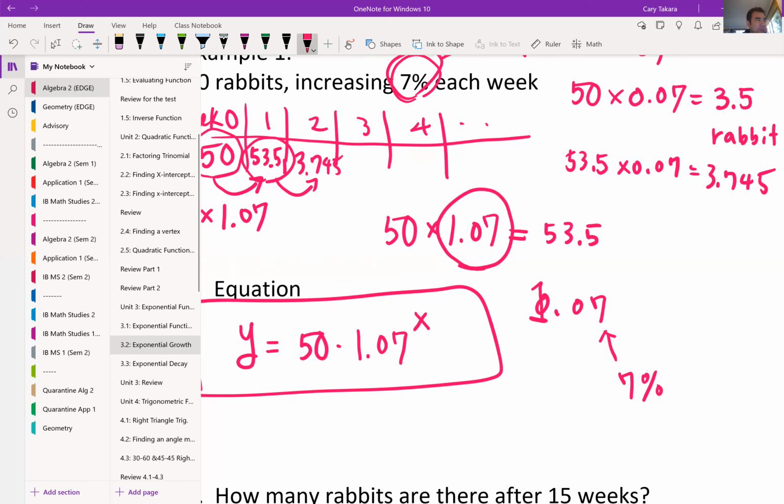Where did that come from? In terms of percentage, what does that 1 represent?